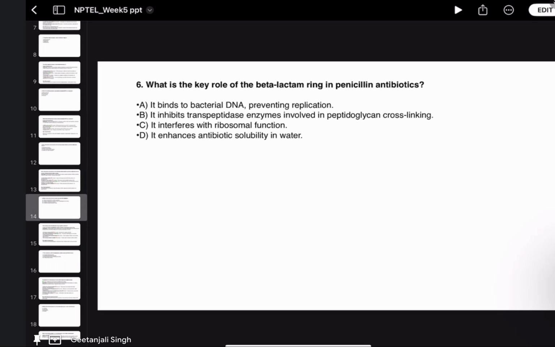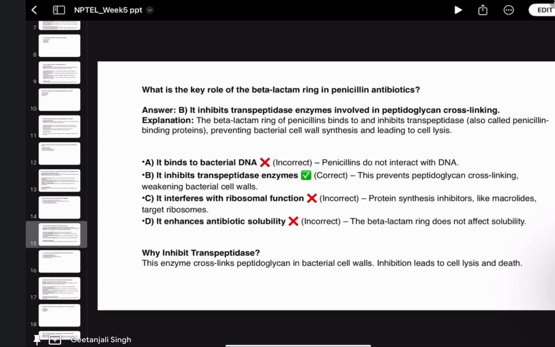Yes, that's the correct answer. Penicillins inhibit transpeptidase enzymes involved in peptidoglycan cross-linking. The first option is incorrect because penicillins do not interact with DNA.